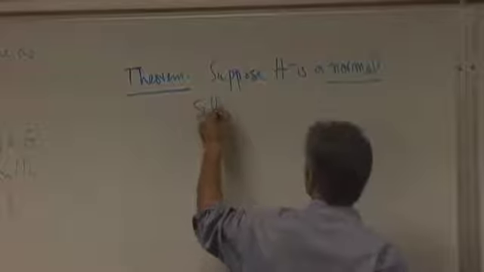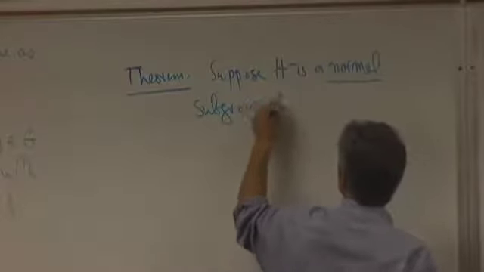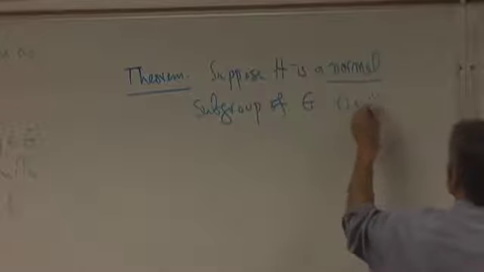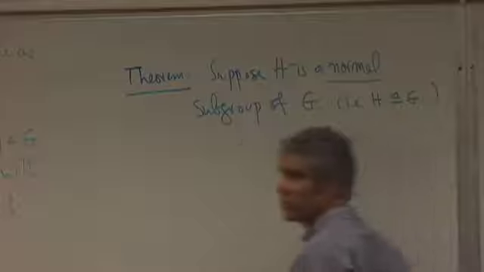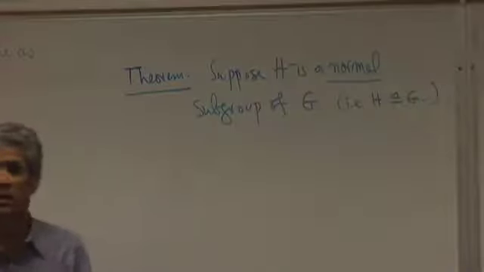Suppose H is a normal subgroup of G. I'll put it in parentheses, i.e. the hypothesis, because I'd like you to start using this notation. H is a normal subgroup of G. We'll simply write that here. Then here's the punchline.